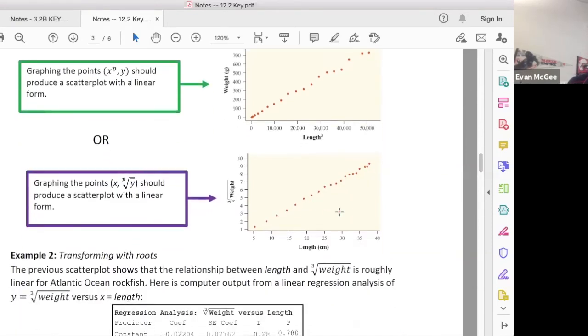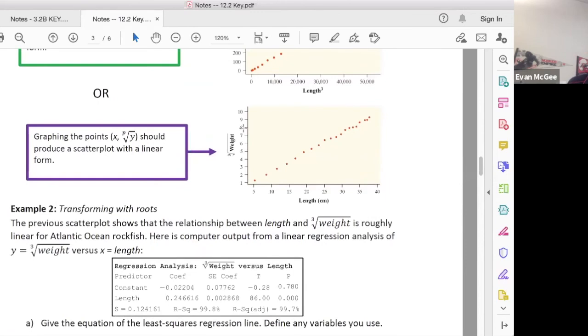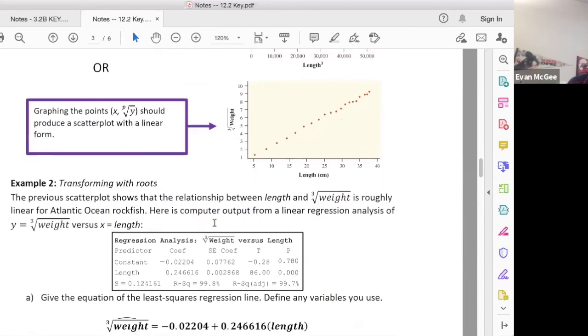So we're going to do the same thing, but now using this new transformation. And it tells you, here you go, we took the cube root of weight versus length. Length stayed the same. Here's our output. So write the equation for the least squares regression line. This right here is going to be your slope, the coefficient of the x variable, and the y-intercept will be right here.